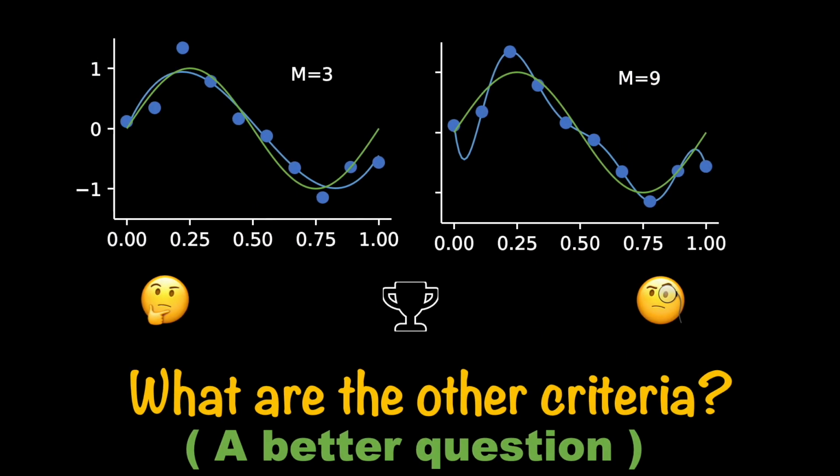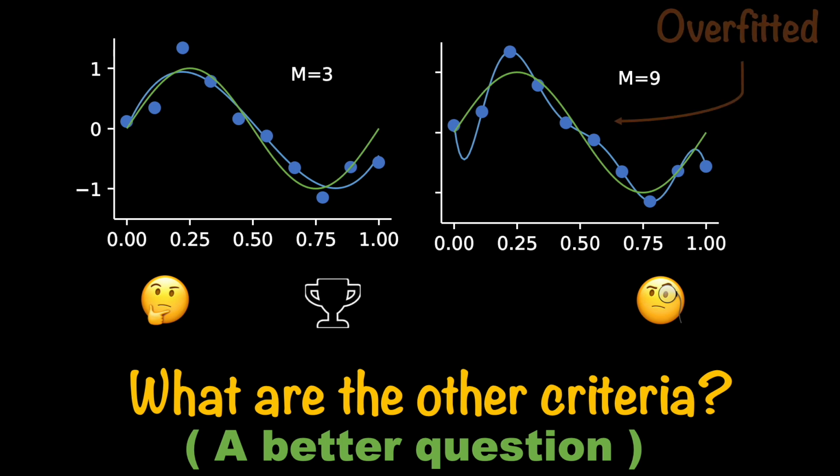So here are our original contenders one more time, M3 and M9. Based on what we have seen using root mean squared error, we will have to select the model with degree 3 and brand the model with degree 9 as the one that overfitted. Overfitting means that M9 ended up creating weights that managed to get the values that satisfied the training points.